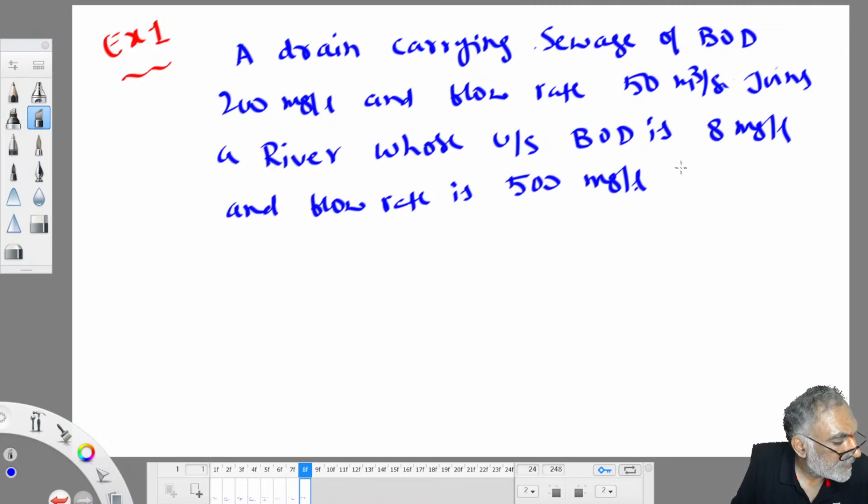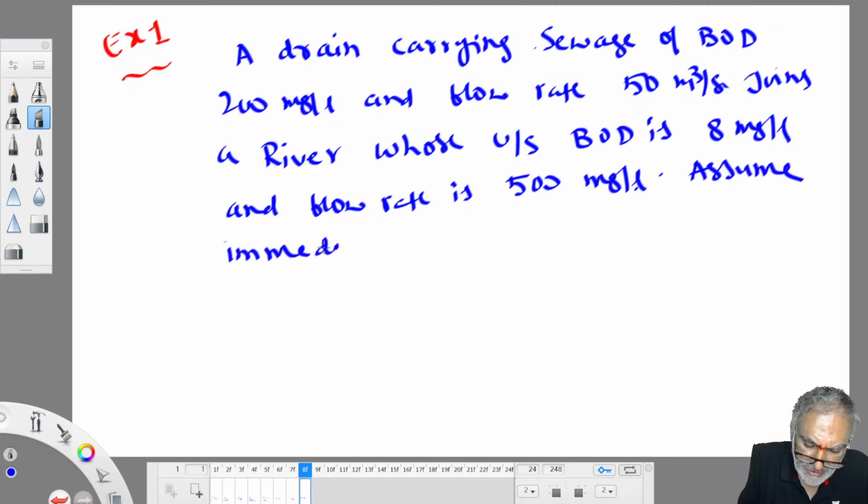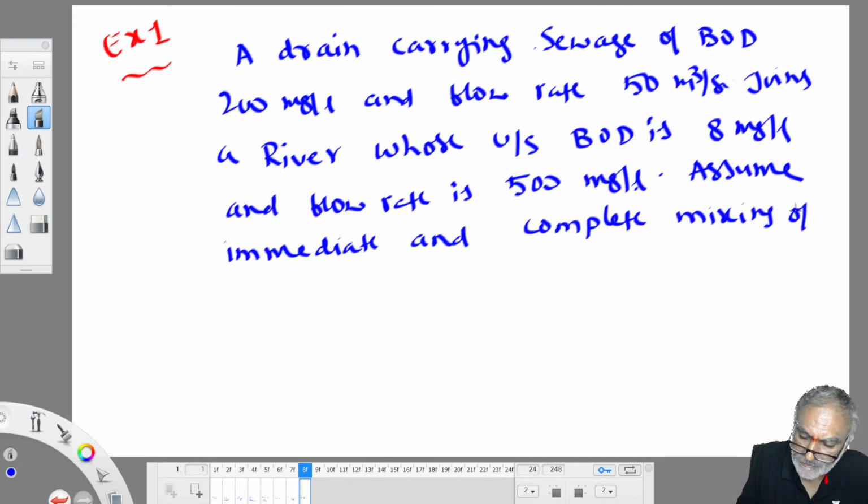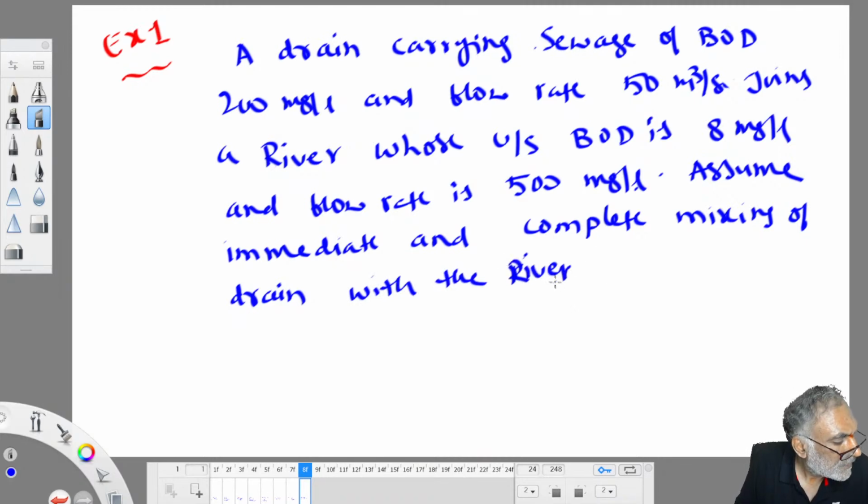Assume immediate and complete mixing of the drain with the river. What is the estimated downstream BOD of the river flow?